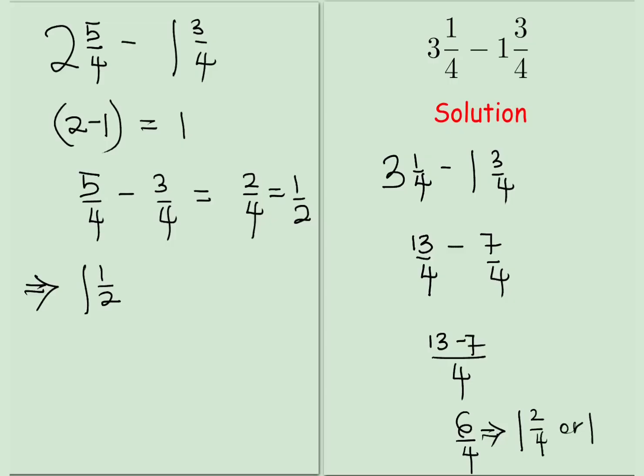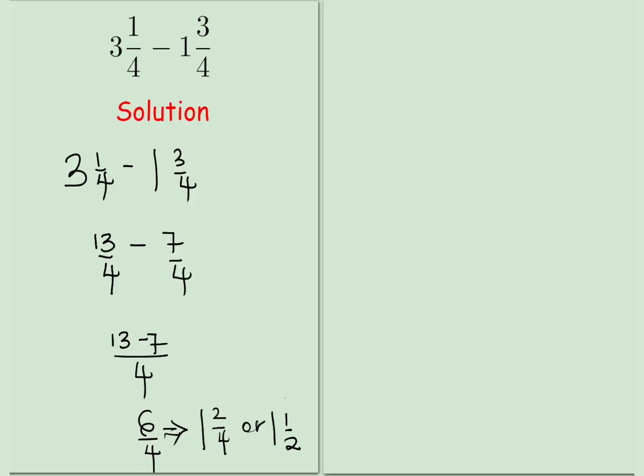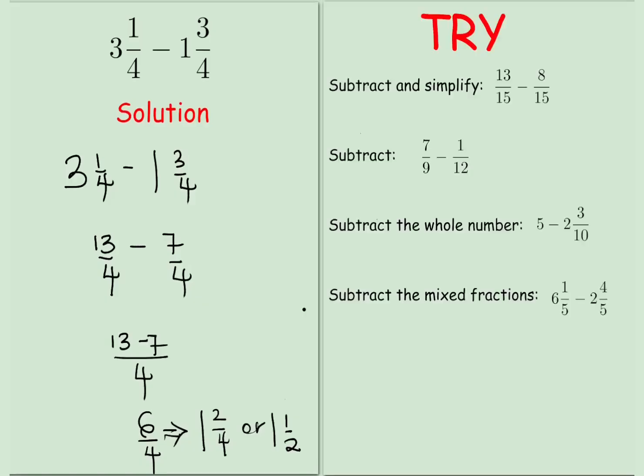Or 1 whole number, 1/2, which is the same as what we have over here. So this method says if you want to subtract fractions, change them into their improper forms, which we have seen is much simpler than trying to borrow here and there.